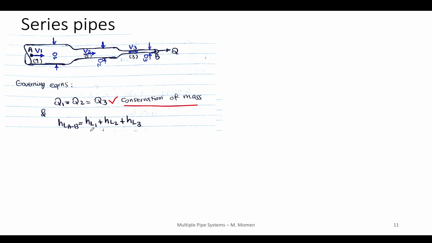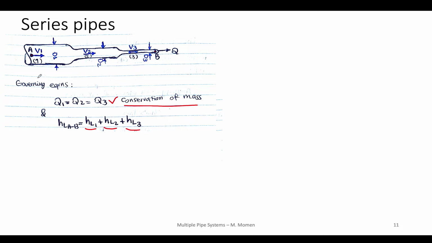And then the second equation that we can use is for the head loss between point A and point B. The total head loss between point A and point B is going to be the sum of the head loss in pipe 1, which is HL1, plus the head loss in pipe 2, which is HL2, plus the head loss in pipe 3, which is HL3.